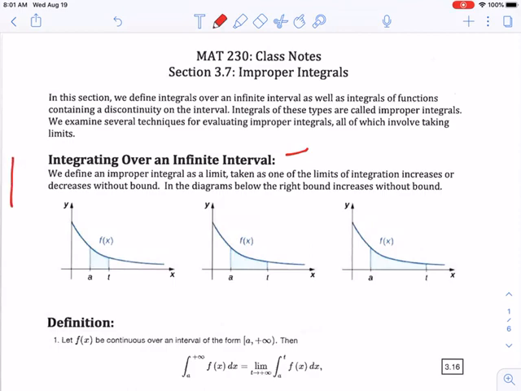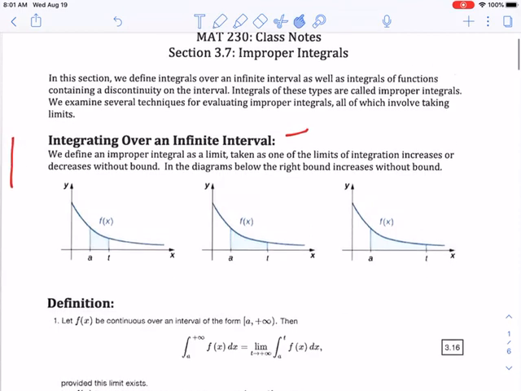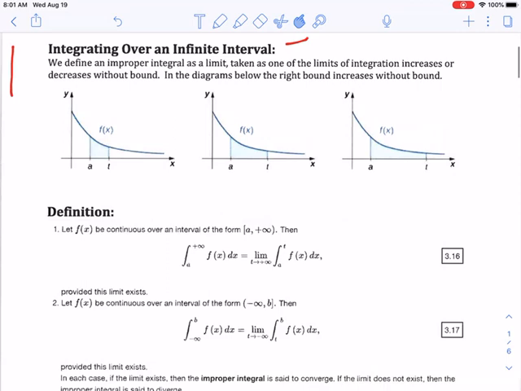So as an example, let's look at the definition down here. If we have an integral where the upper boundary is infinity, so the upper boundary here is not b, but it is infinity. Essentially that means there's no upper bound.